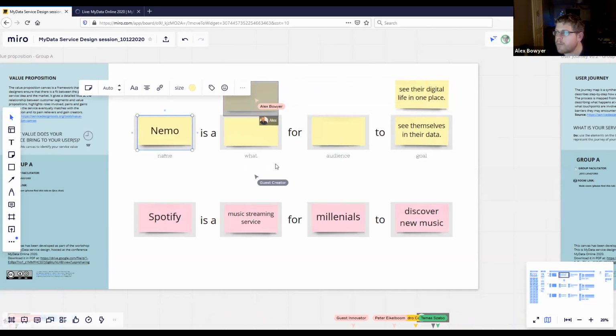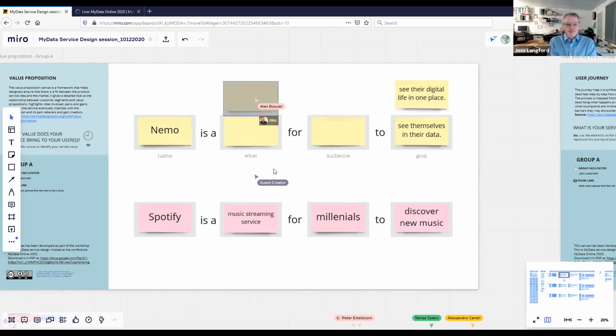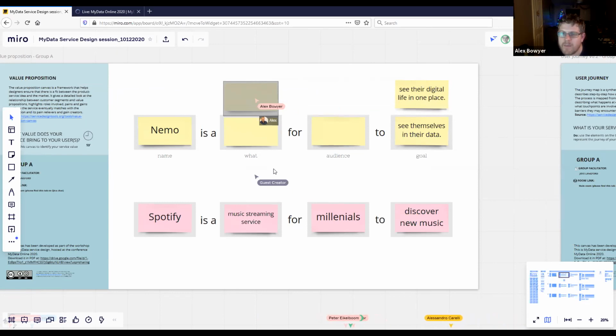A little more specific than app, I guess. It's a data hub. No, that's far too technical, isn't it? Too technical. It's a internet dashboard. It's a little more laymanish.